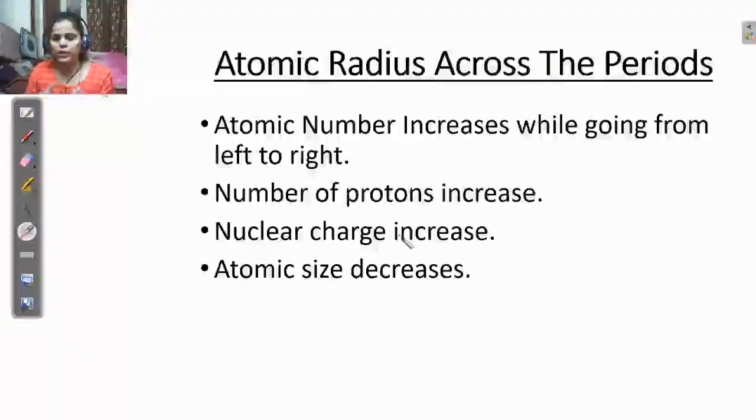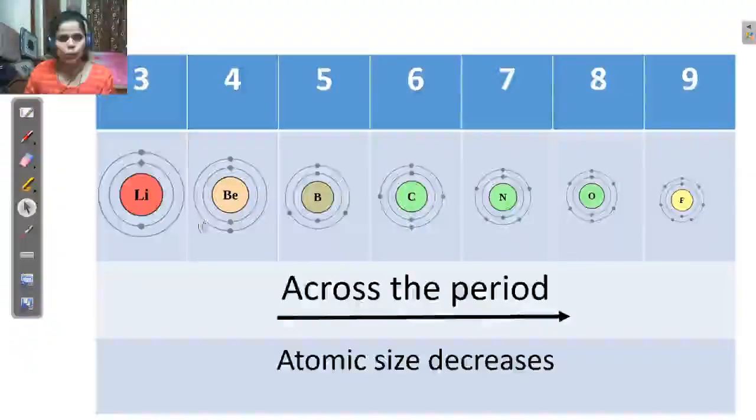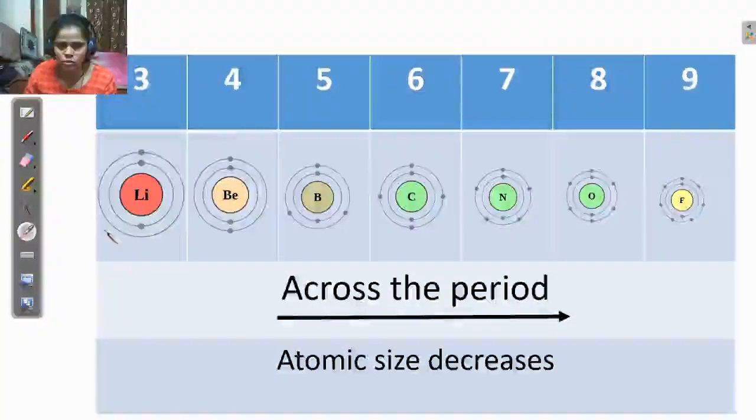You know the two particles, proton and neutron, are situated in the nucleus, and the electrons revolve around the nucleus. Just see this example of the lithium atom. Here this is your nucleus, and in the nucleus there are two particles, the proton and the neutron, and the electrons revolve around the nucleus in orbits.